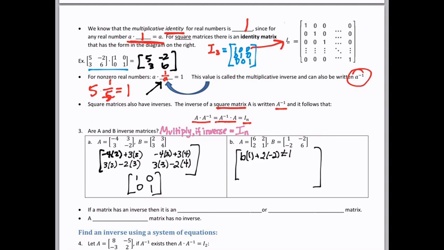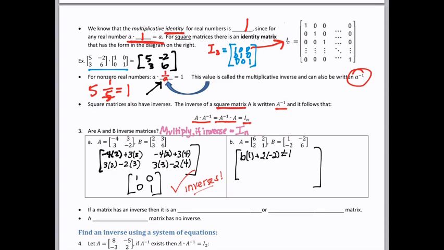Alright, so I showed a couple steps for the first one here. I did the row by column multiplication, and hopefully if you did this, you saw that it worked out to be 1, 0, 0, 1, which is our identity matrix, which means these two matrices are in fact inverses.